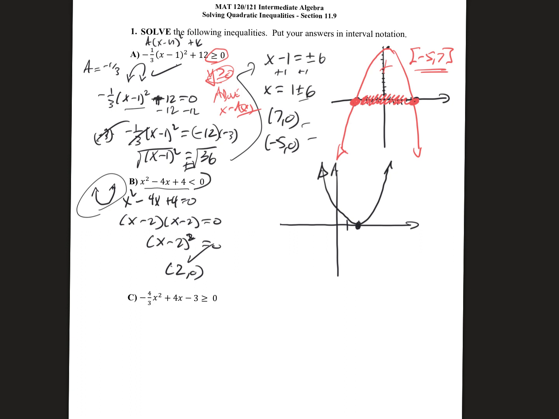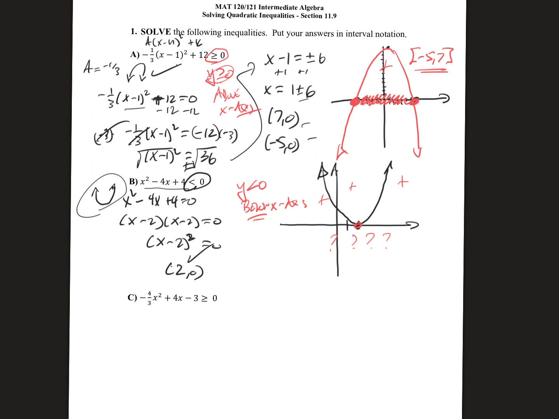Now we're wanting to find when we are less than 0. So that means that y is less than 0, which means we are below the x-axis. And we can see that right now everything is above the x-axis, and we're only touching it at one spot. So we are never below the x-axis.